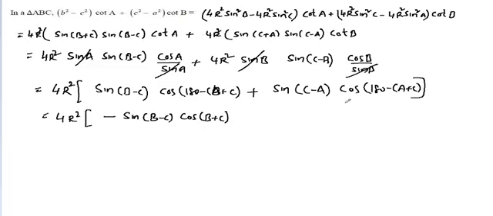Here also cos of 180 minus C, that is minus cos C, minus cos(A+C) into sin(C−A).